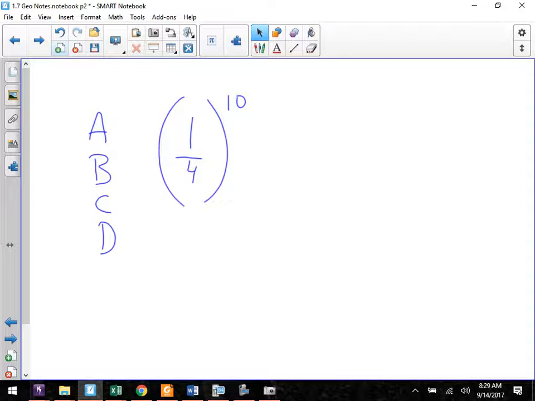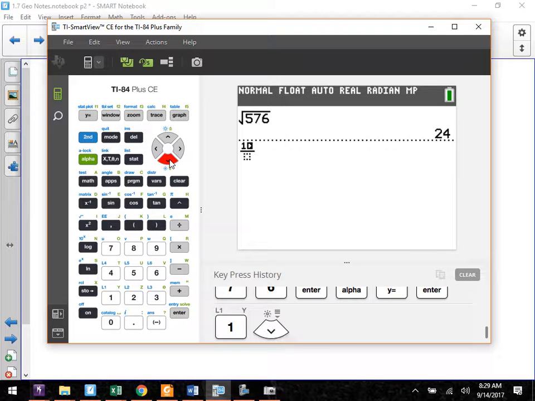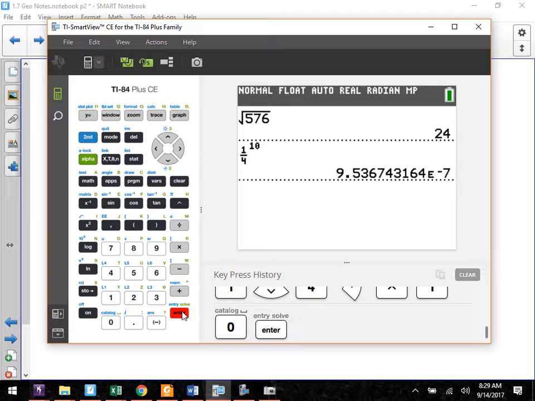The probability of you actually getting all of those correct is not even 90%, guys. Think of it this way. This is 9.536 times 10 to the negative 7. So you have to go back 1, 2, 3, 4, 5, 6, 7 places.